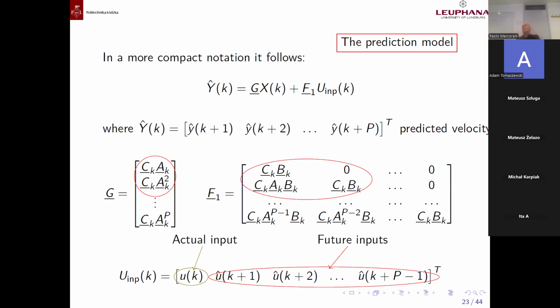An observer, I will tell you just in a basic form, but observer is a concept, and roughly speaking, I will tell you a little bit of a more general observer. We can estimate not only states, but also parameters of the model, and disturbances and so on.